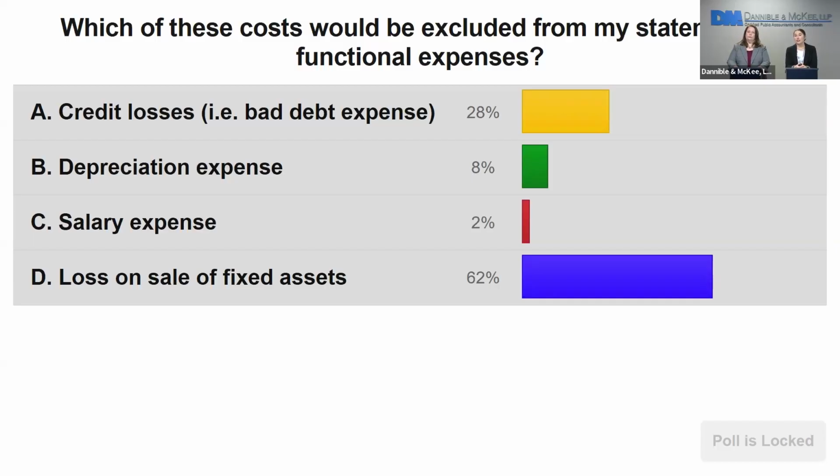Credit losses actually do show up in your functional statement, but whether the nature of the credit losses relates to direct program services or administrative non-program services would determine whether it's management in general or whether it's program.